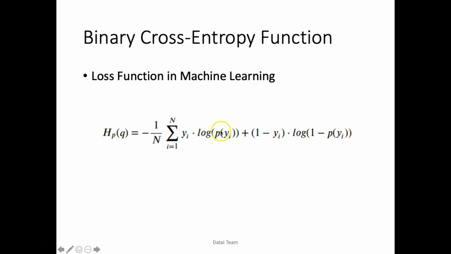We have log p yi and log 1 minus p yi, and to be able to use this function properly, you need to know how logarithms work and the possible mathematical methods that you can apply to them, like how they would interact with integrals or derivatives. This binary cross entropy function is one of the most important functions in machine learning, so you have to know logarithms as well as this function.